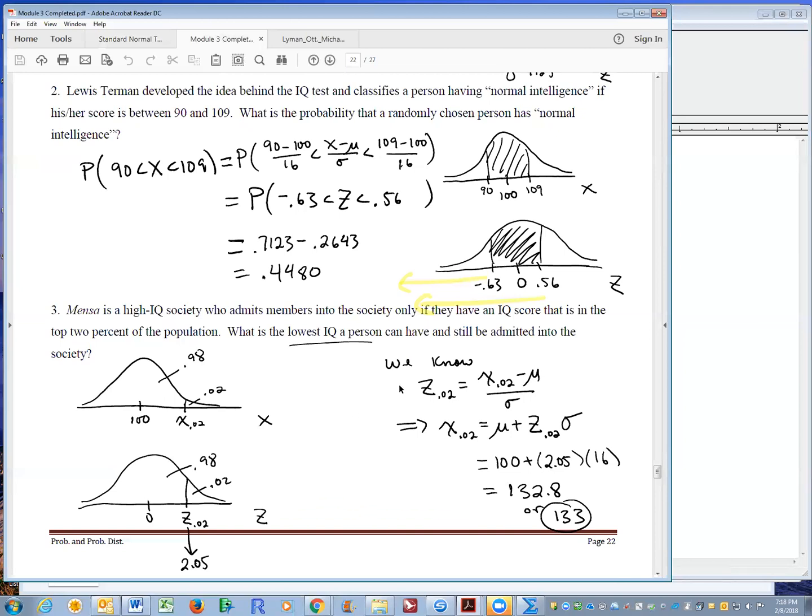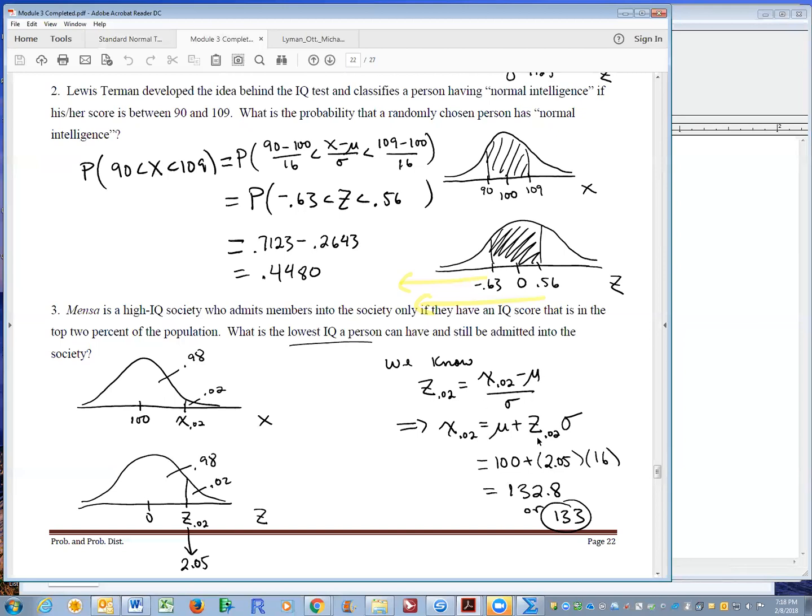Here you can see I've got the subscripts: the 98th percentile for the standard normal equals the 98th percentile for this distribution of X minus the mean over sigma. Really what I wanted to do was find x sub 0.02, the 98th percentile of X. So I'm using algebra to solve for that.